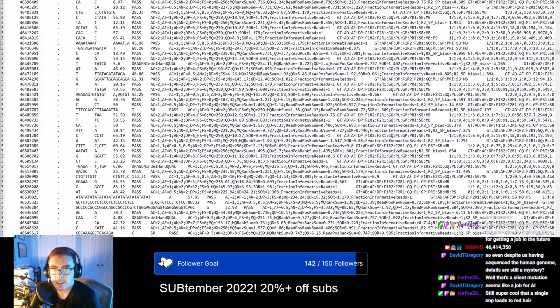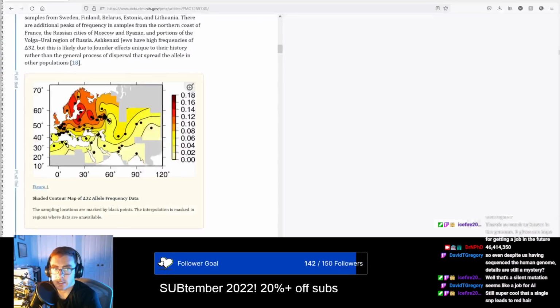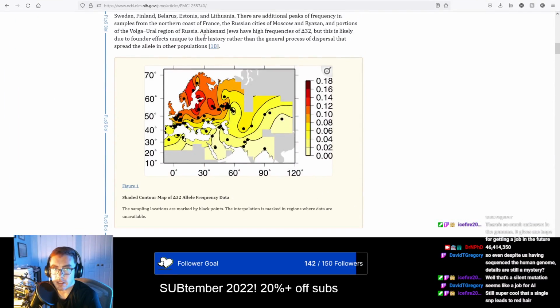So this is a map of the allele frequency, meaning the proportion of the population that has this particular allele.